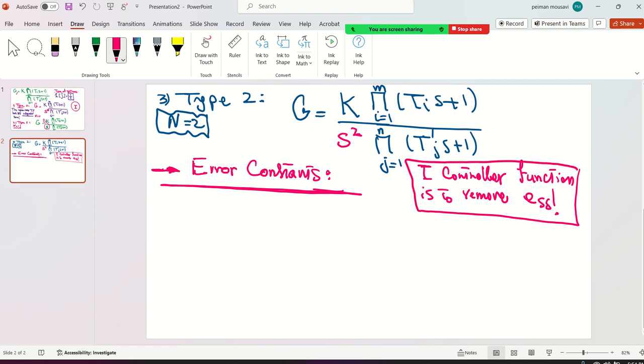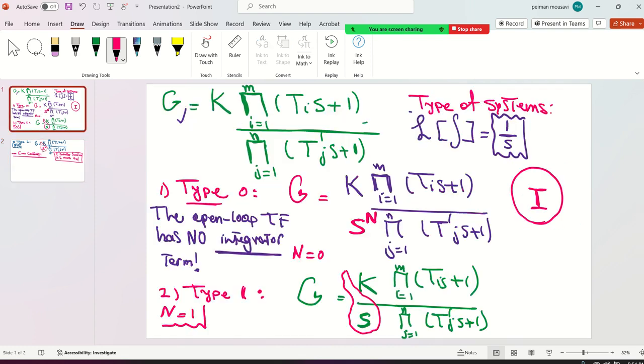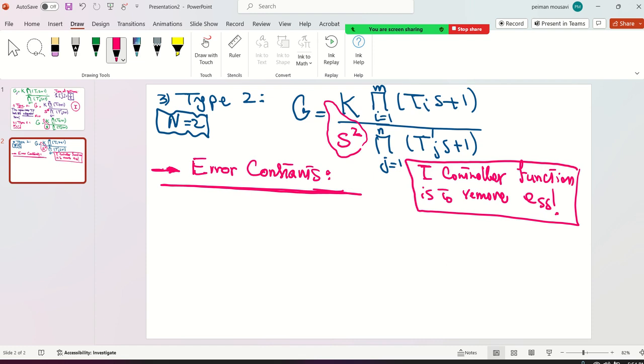So when you see that your system has one or two integrators, it means your system is good by itself. If you have such a system, you don't need to add another I. You only have to design a PD or P controller for that. You get it? I'm going to show it next time.